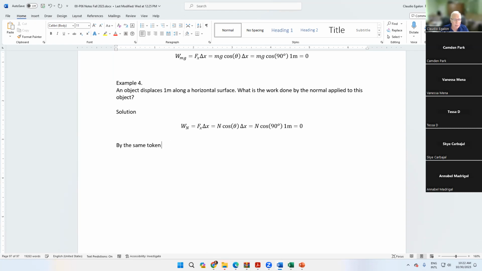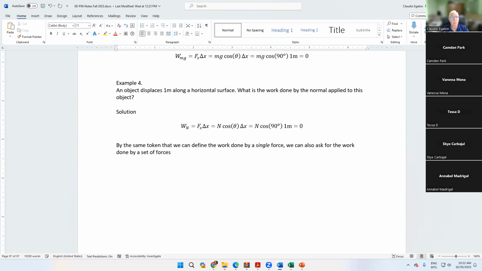By the same token that we can define the work done by a single force, we can also ask for the work done by a set of forces.